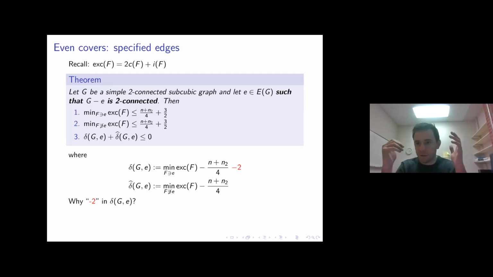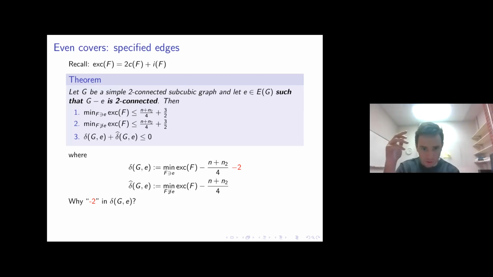It's like the constant of how far you're off. For counting purposes, you don't want to care about the number of vertices in the bound. You just want to know how far away you are from the proposed bound. So this is what delta and delta hat measure. Delta is for when the even cover goes through an edge, and delta hat is for when the even cover doesn't go through the edge. So there are two different deltas here.